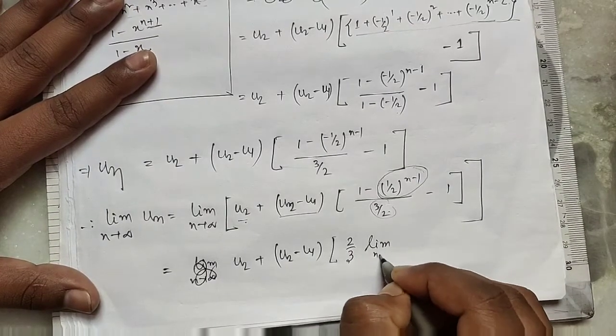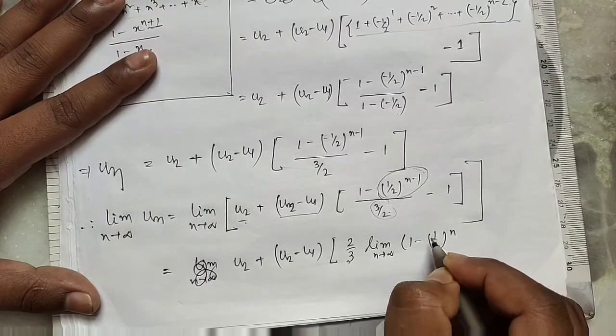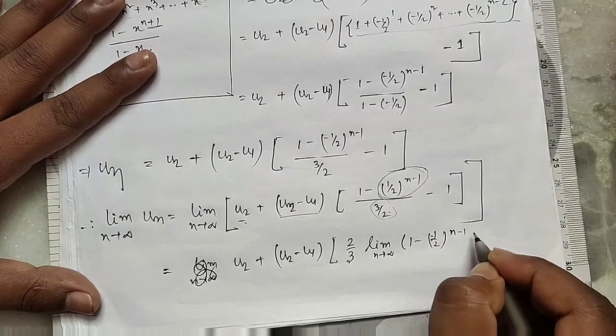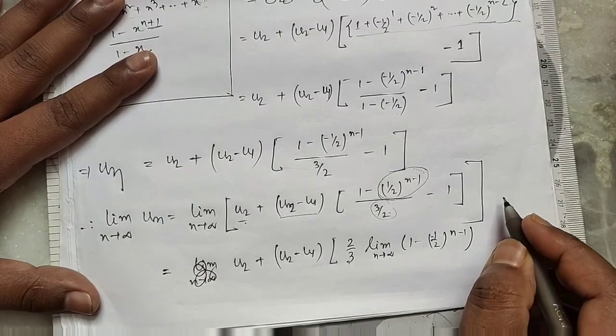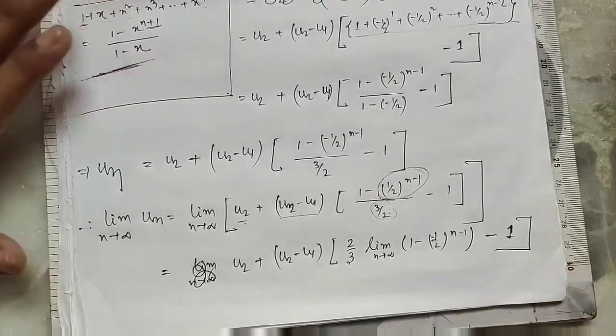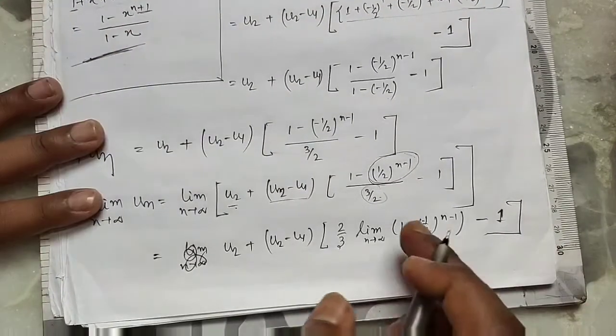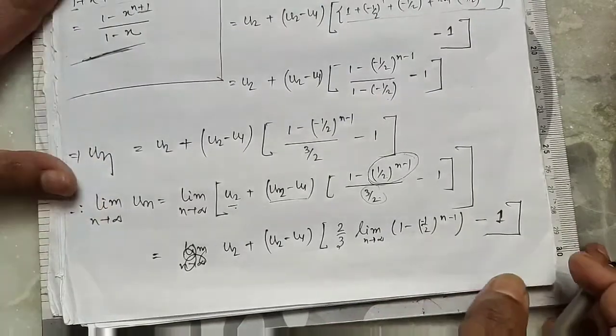Equal to limit n tends to infinity of 1 minus minus half to the power n minus 1, minus 1. Okay, so this is 0.